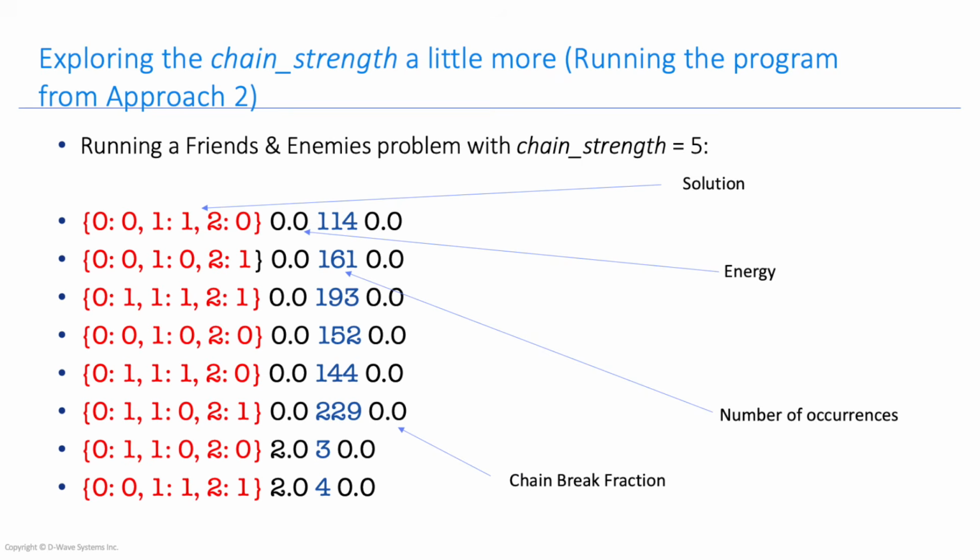Let's look at the results of that. Here are some typical results for this. In the red, you see the solutions look like, for qubit 0, 0, that's maybe X. For Y, 1. And for Z, that's 2, 0.